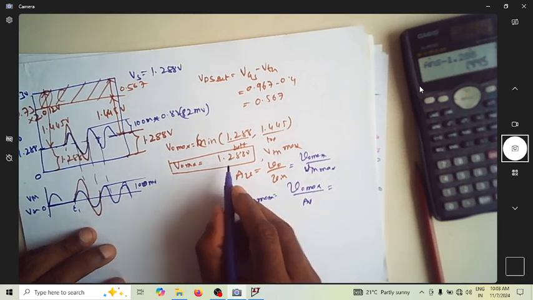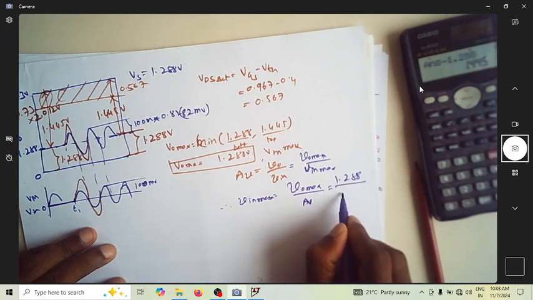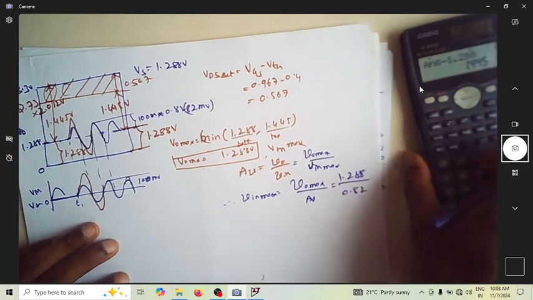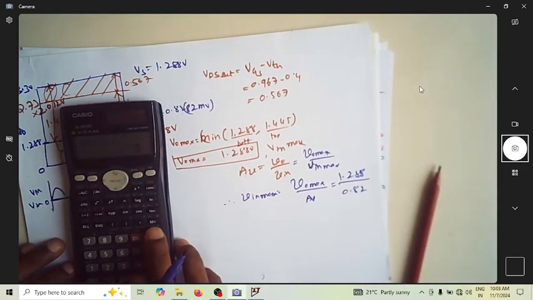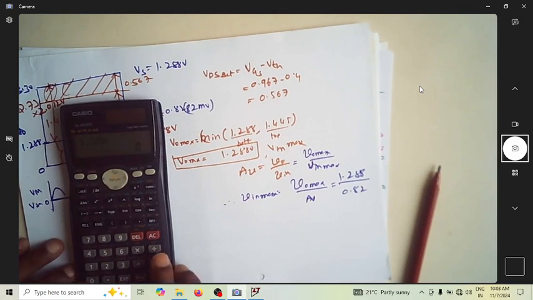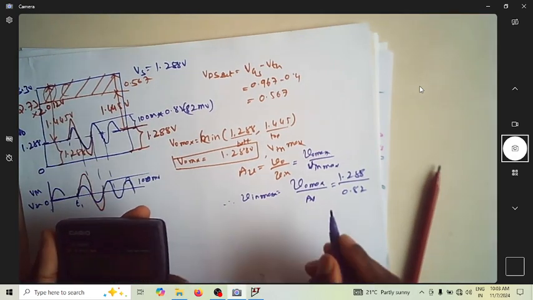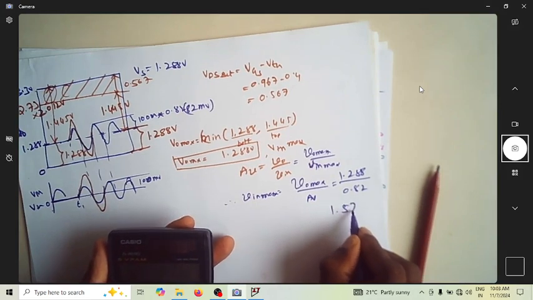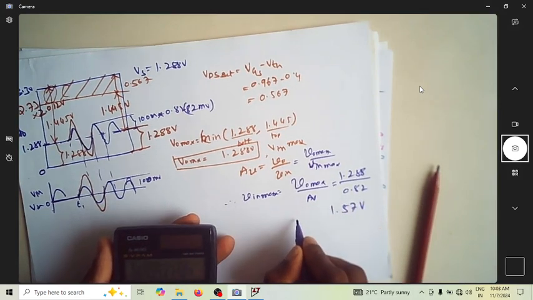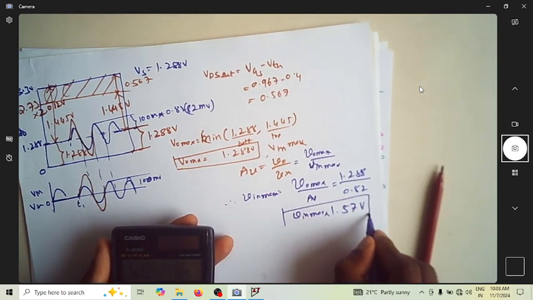V0 max available is 1.288 volts, and AV is 0.8. So the input maximum possible is 1.288 divided by 0.8, which happens to be 1.57 volt. This is the input maximum you can apply.